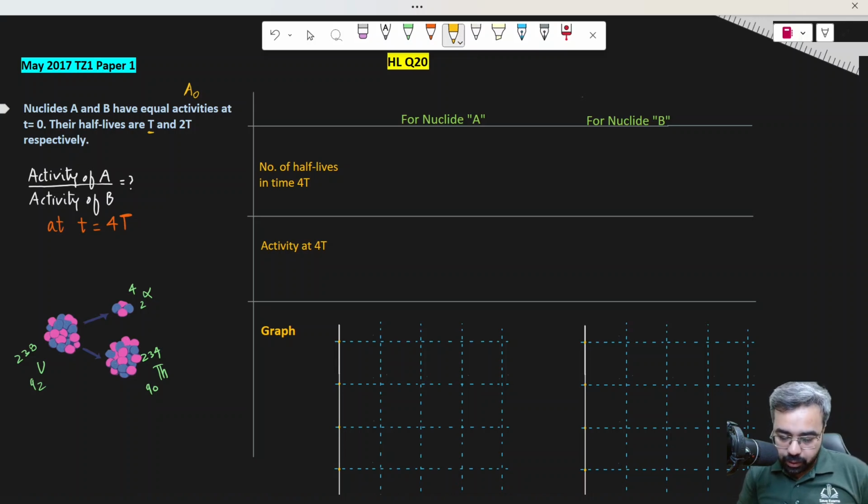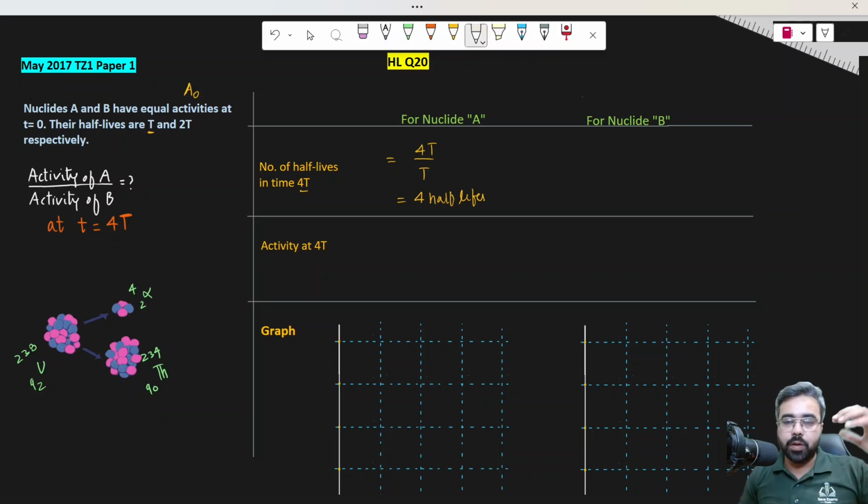How many half lives will have passed? In the time period 4T, you have to divide 4T by T, so there are four half lives. What will be the activity after four half lives? We know that after every one half life, the number of nuclides remains half, right?